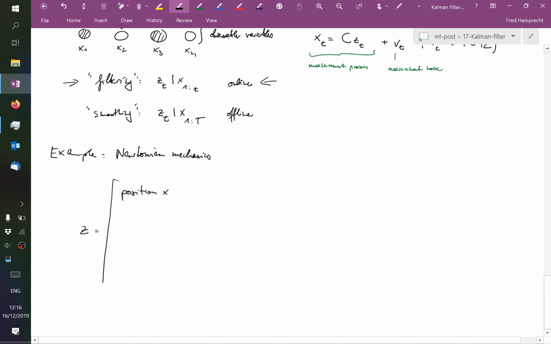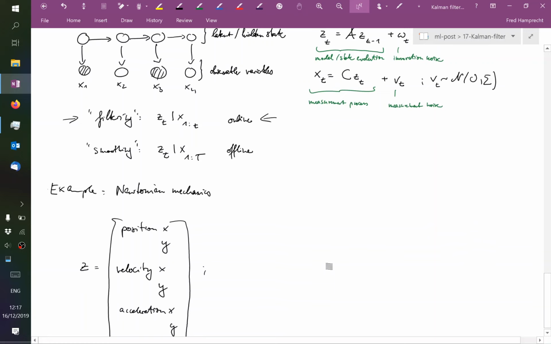So its x location and its y location. And then the velocity it has in x direction, the velocity in y direction, and the acceleration in x and the acceleration in y. That's the hidden state.